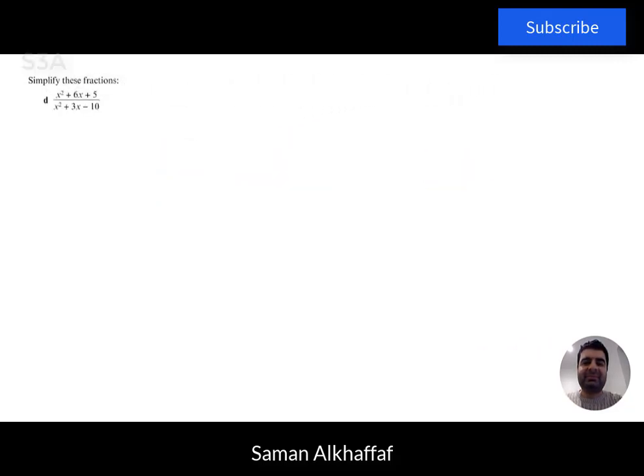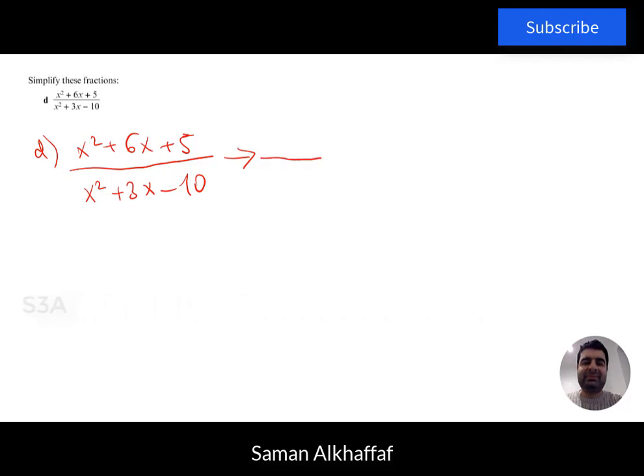In this example, we need to simplify the expression shown. So we have x squared plus 6x plus 5 divided by x squared plus 3x minus 10. So ideally we would attempt to factorise the numerator and denominator into terms that can potentially eliminate parts of the expression. So in this scenario we can factorise the numerator.